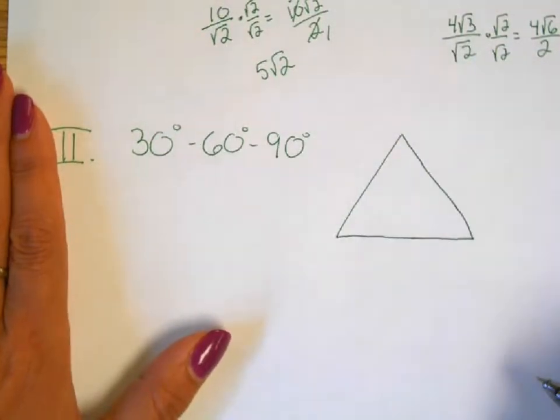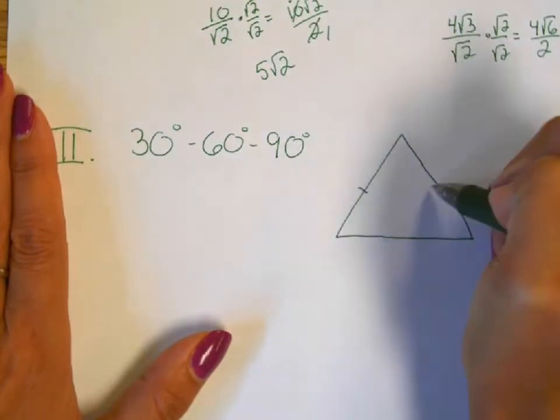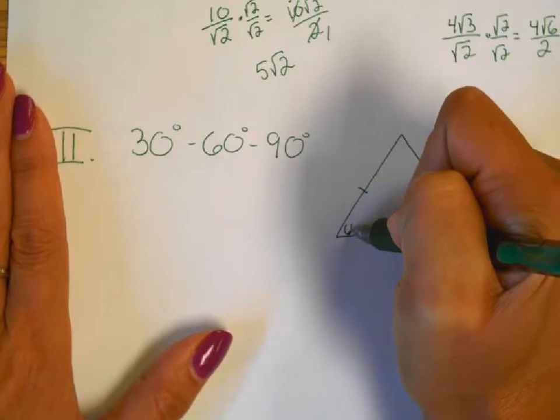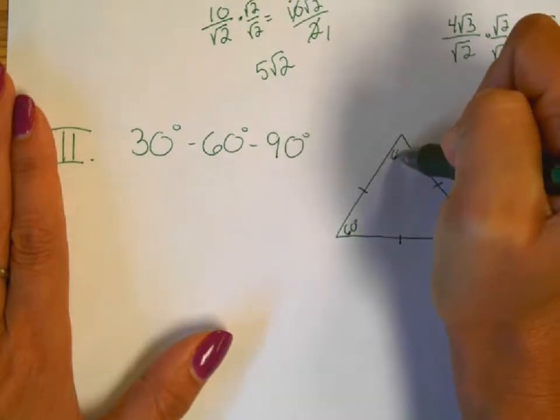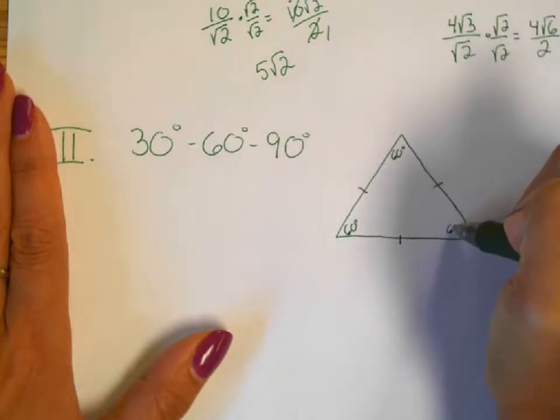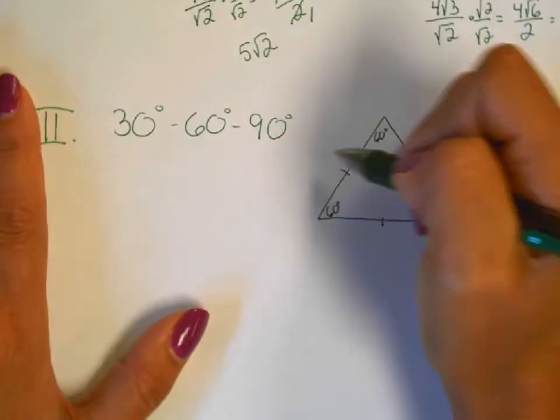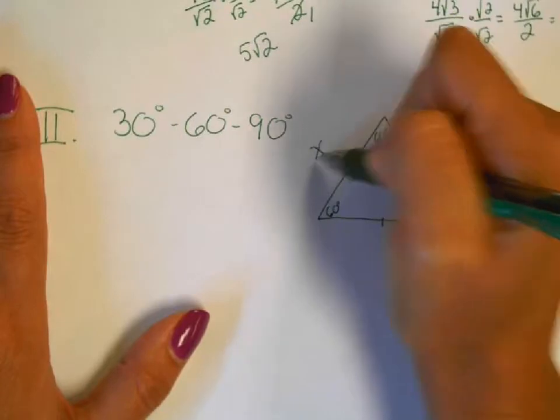So equilateral: 3 sides are congruent, and we have 3 60-degree angles. All 3 sides are the same length.